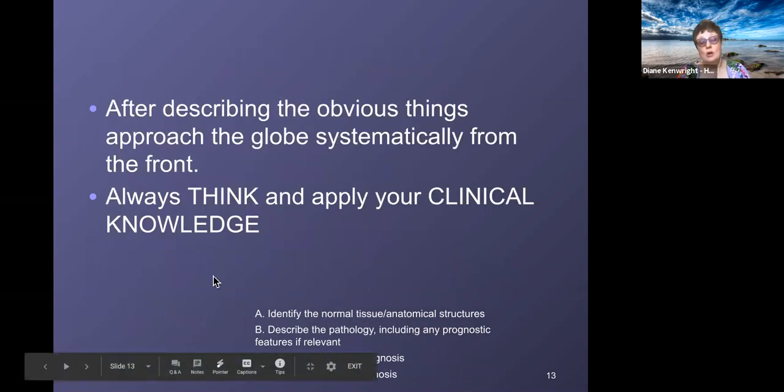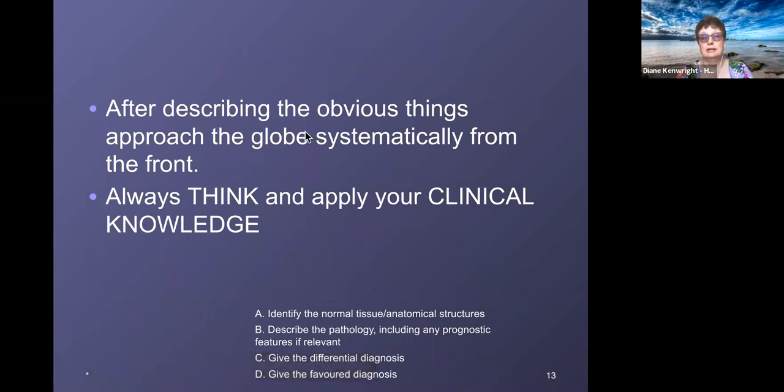Okay, so once you've described the tumor, just start at the front and check the obvious things. Check whether there's anything extra happening in the cornea. Is it edematous? Check whether the angles are in fact open and what the trabecular meshwork looks like. Just check. And always use your big advantage, which is your clinical knowledge.